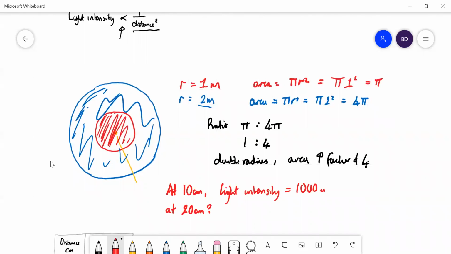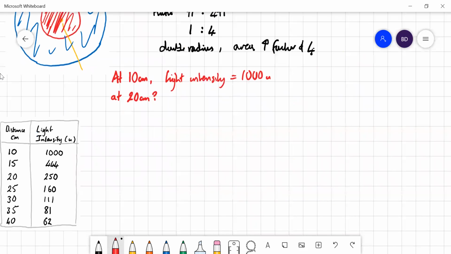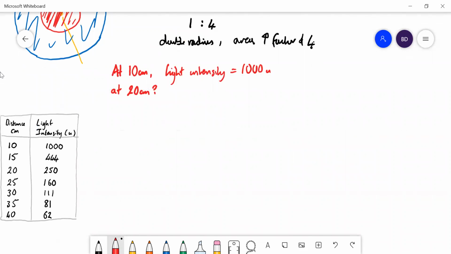Well, the way we do that is, light intensity is proportional to 1 over d squared. Now you can always replace the proportional sign by putting a constant in there.